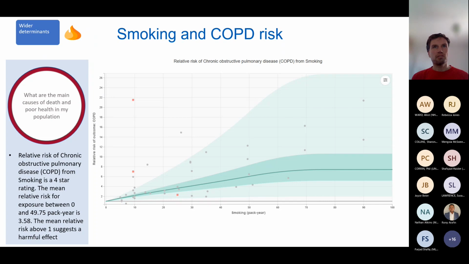It's not an exhaustive list, but it says, okay, here's some evidence that smoking is actually bad and linked to COPD risk. So it can help emphasize the point that smoking is a bad thing, or whichever condition you've chosen.